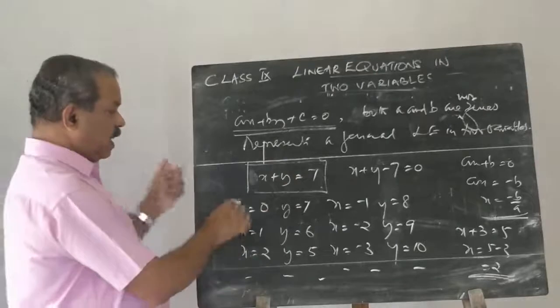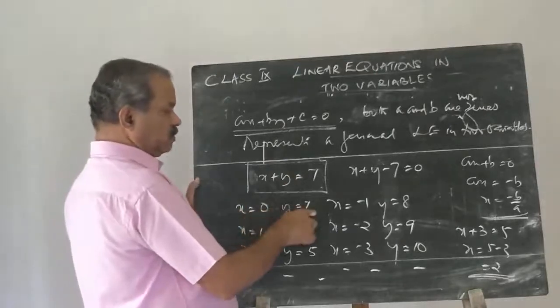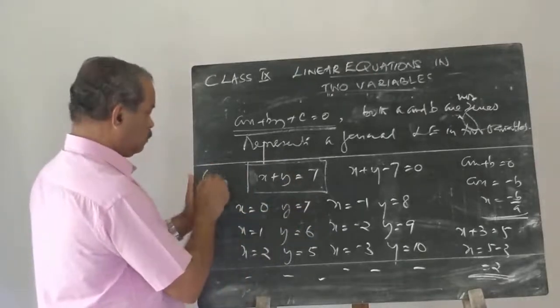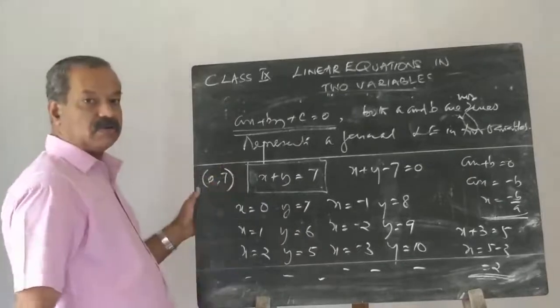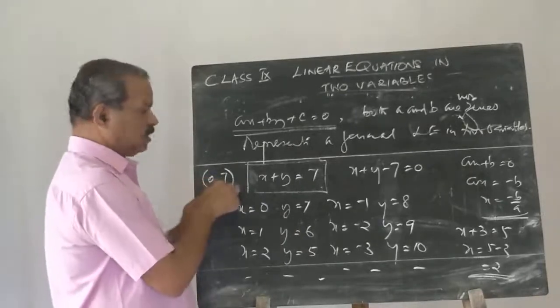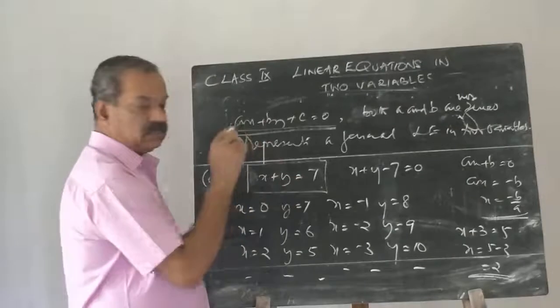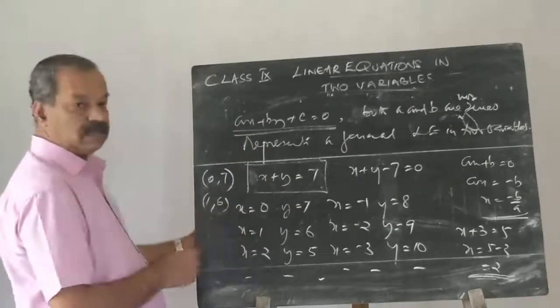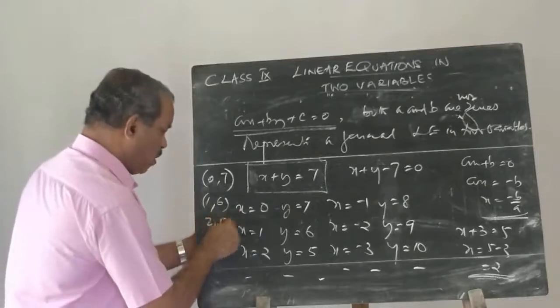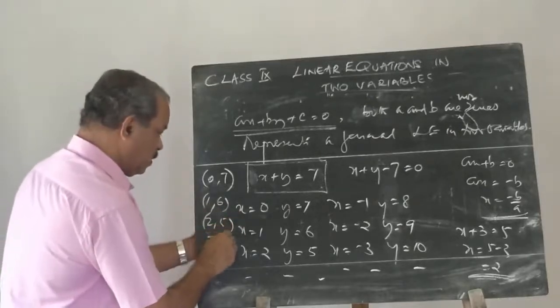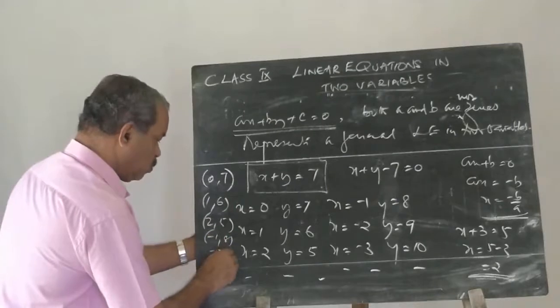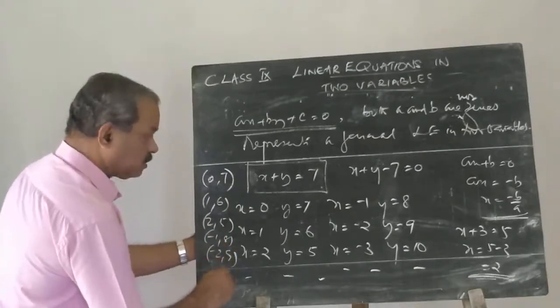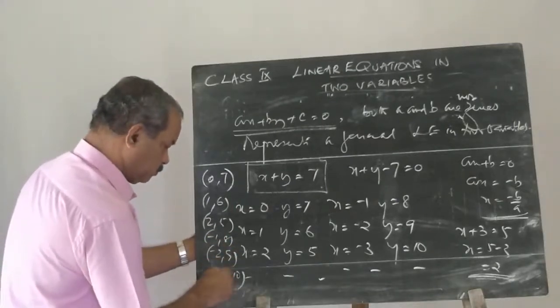That means x equals 0, y equals 7, that is (0, 7), is a solution of this equation. What is another solution? (1, 6), (2, 5), (minus 1, 8), (minus 2, 9), (minus 3, 10).